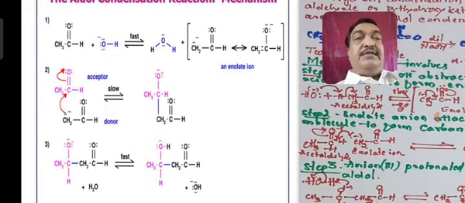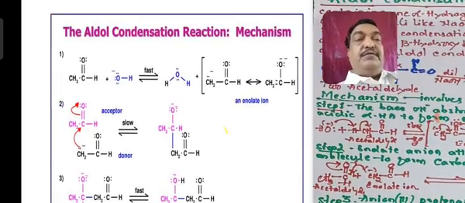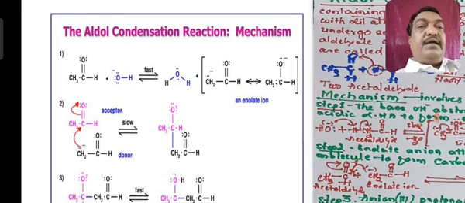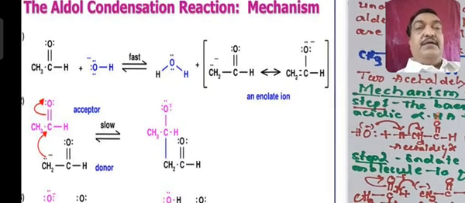The same mechanism that I have explained in my way is also represented in the slides. Here the first aldehyde forms the enolate anion, whatever I have shown here.